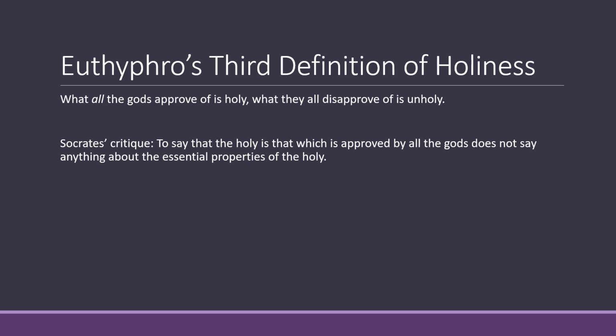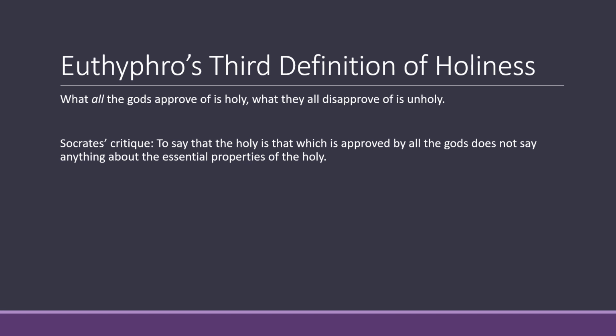Remember, Socrates is looking for the essential features of anything that is holy. Euthyphro has said that what is essential to holiness is that it is approved by the gods. The problem with this answer is that it doesn't actually tell us anything about the essential properties of what is holy.